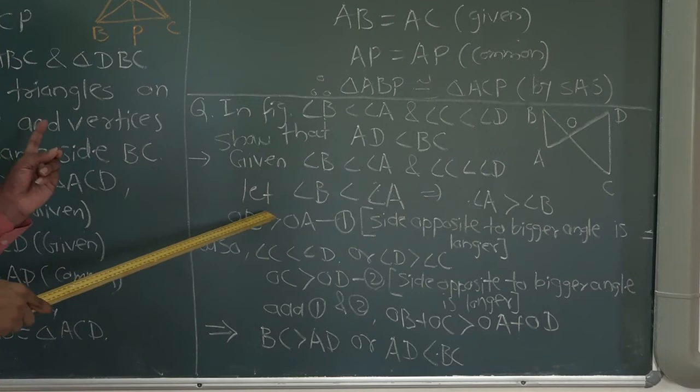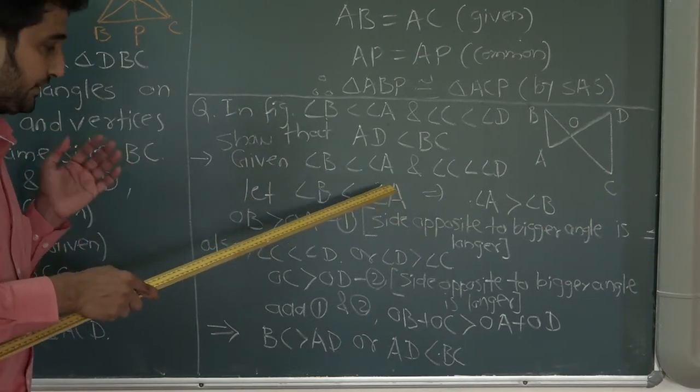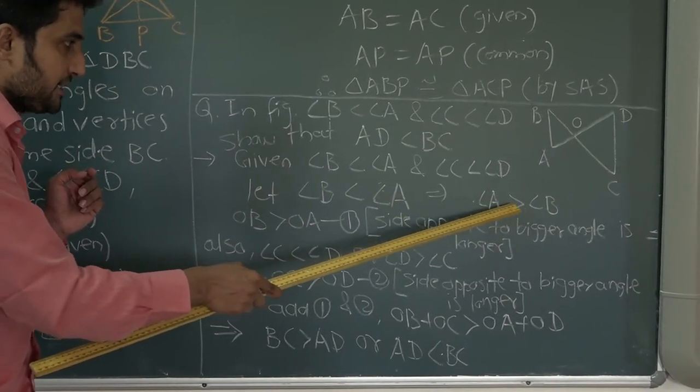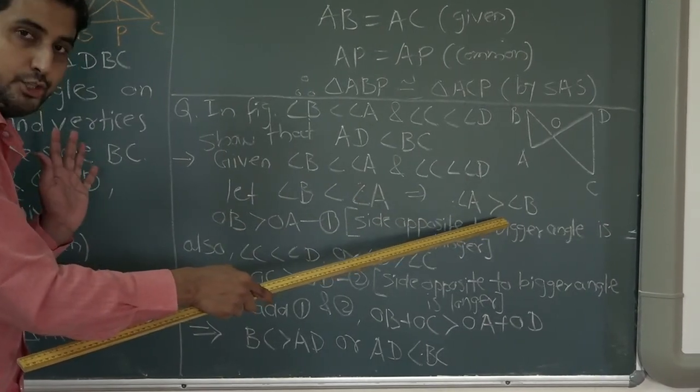Now, if angle B is less than angle A, it means that angle A is greater than angle B. Okay? Is it clear to you?